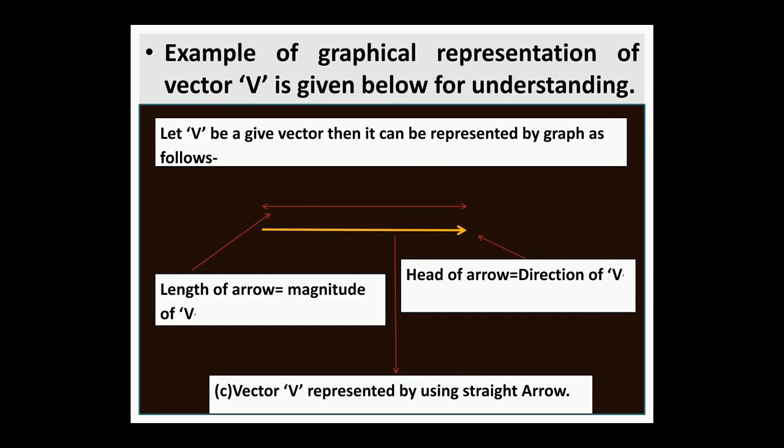Here in figure you can see that the yellow arrow is representing the vector V. So here the length of yellow arrow is equal to magnitude of vector V. So this yellow arrow is your vector V and its length is magnitude of vector V, and the head of arrow is indicating the direction of vector V.